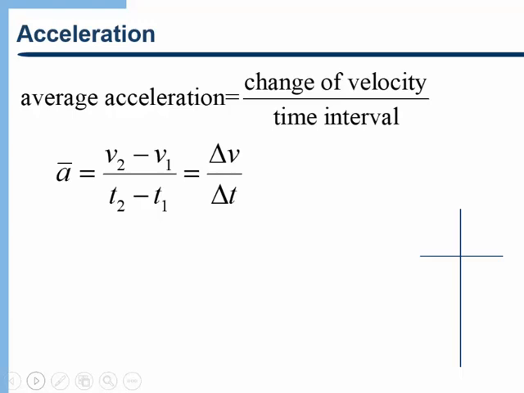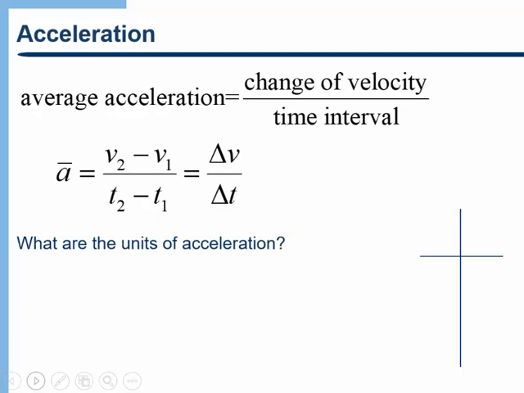Once we've defined velocity, the next thing we want to define is average acceleration. So again, the bar over a quantity means average, and average acceleration is how the velocity is changing per time. So you'll notice it's delta v over delta t, the change in velocity per time interval. One of the things that you'll notice about this is that we can define a unit for acceleration.